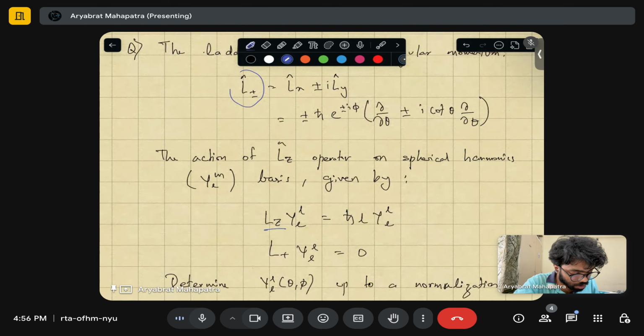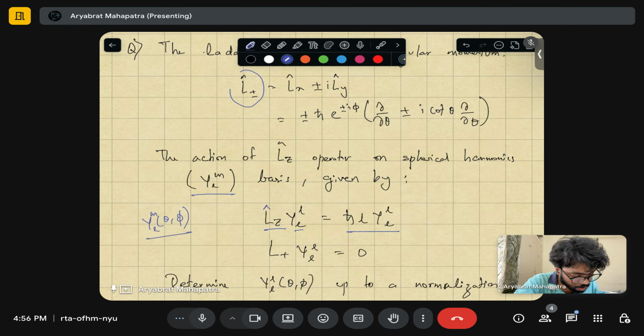When it acts on YLM theta phi, and LZ and L plus act on YLM theta phi, they give this result.